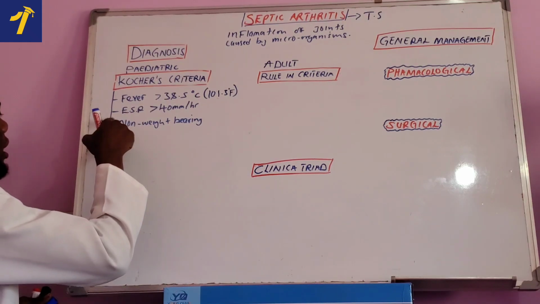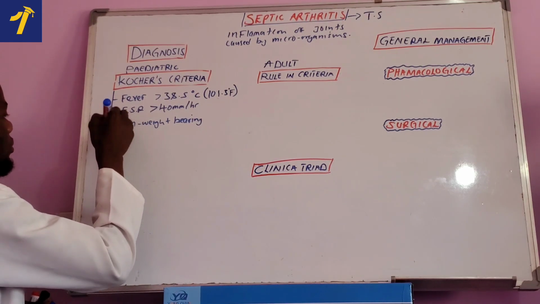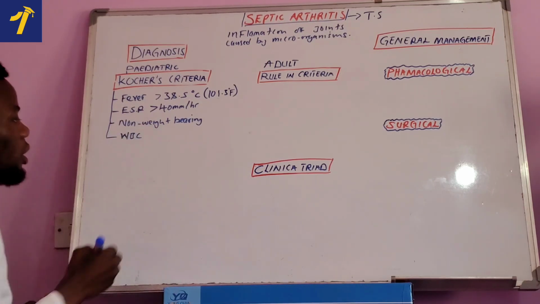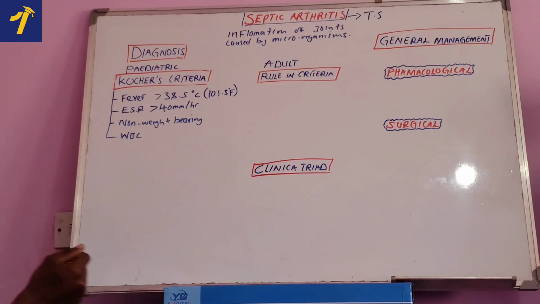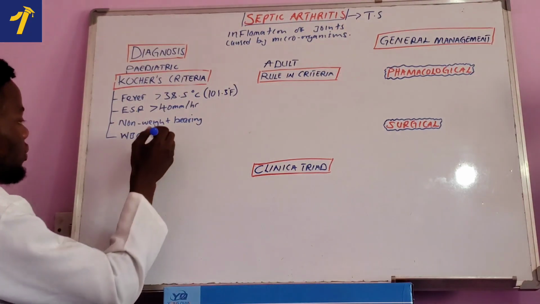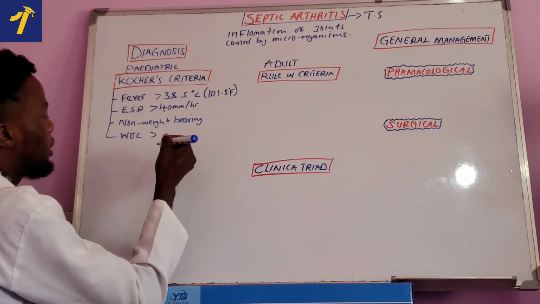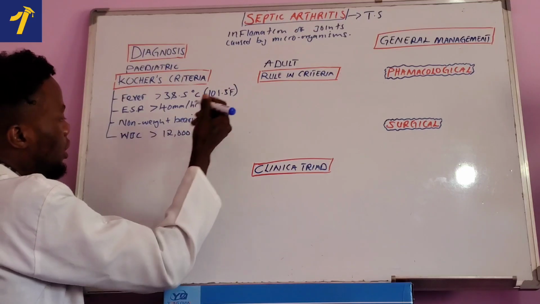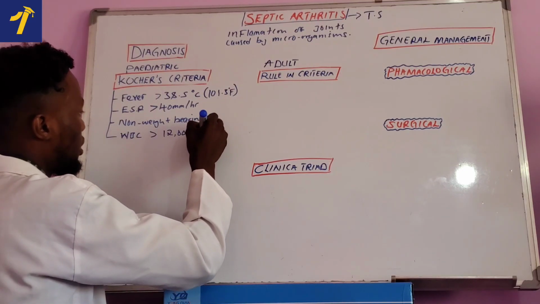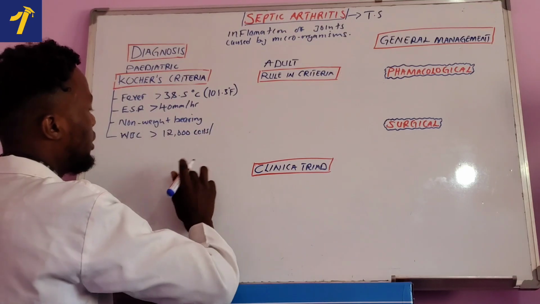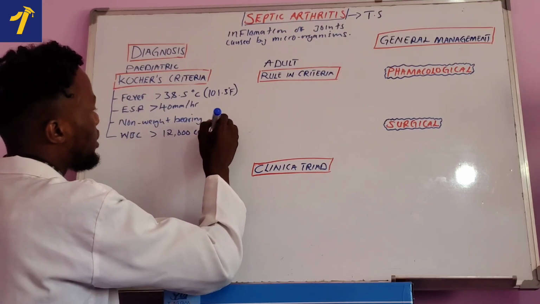Another important factor, okay, WBC, white blood cell count. So white blood cell count is one of the Kocher's criteria factors, and it has to be greater than what? It has to be greater than 12,000 cells per microliter or per deciliter.